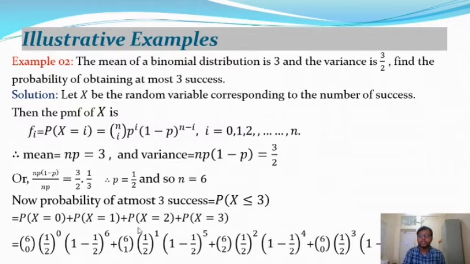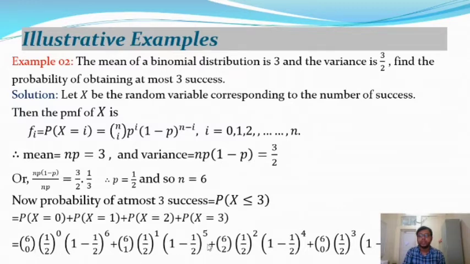And when x is equal to 2, the binomial distribution at that point is 6c2 (1 by 2) to the power 2 into (1 minus 1 by 2) to the power 6 minus 2, that means 4. And the last one, probability of x equal to 3 in a binomial distribution, will be 6c3 (1 by 2) to the power 3 into (1 minus 1 by 2) to the power 3.